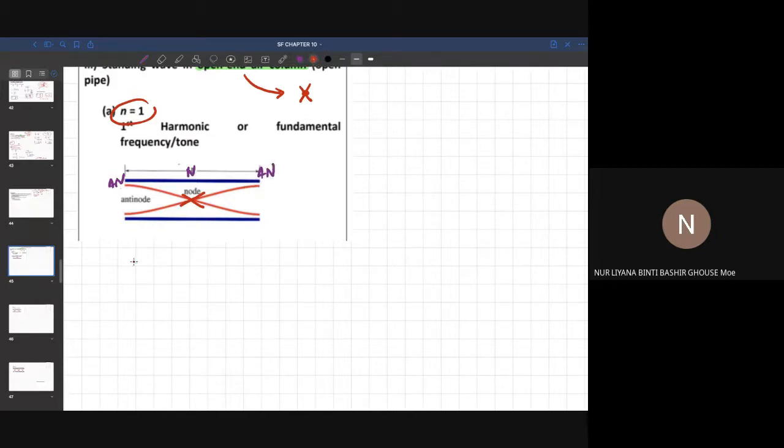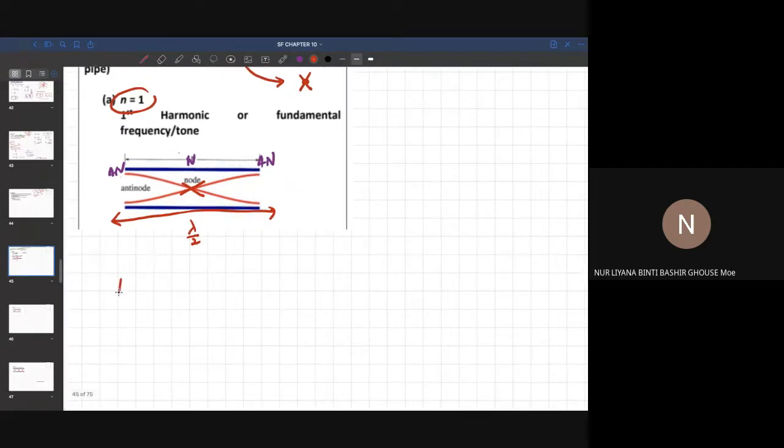So I want to ask you, daripada anti-knot kepada anti-knot, lambda kita adalah berapa everyone? Lambda over 2. Very good, it's actually lambda over 2. So L kita from this end until the next end adalah lambda over 2.